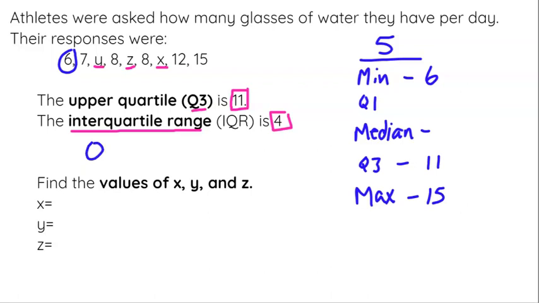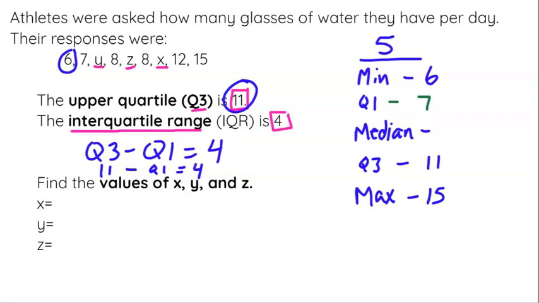Well, we know our interquartile range comes from doing Q3 take away Q1, and that's going to equal 4. I know that my Q3 is 11, so I can say 11 take away Q1, whatever that is, is going to equal 4. So then I can determine from that the value of Q1 is 7, because 11 take away 7 is 4.